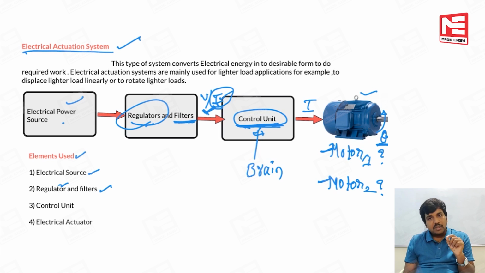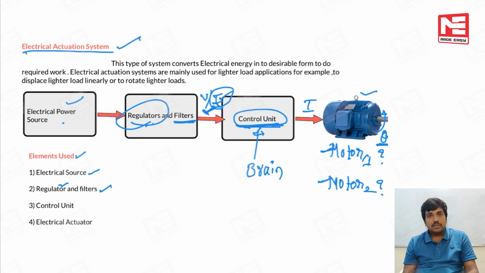Now most of you by this time might have some doubt: sir, if you have these three types of actuation systems, what exactly are the merits and demerits of each? Let me explain those things to you. When it comes to the figure of merit, like merit and demerit, first thing, maintenance.